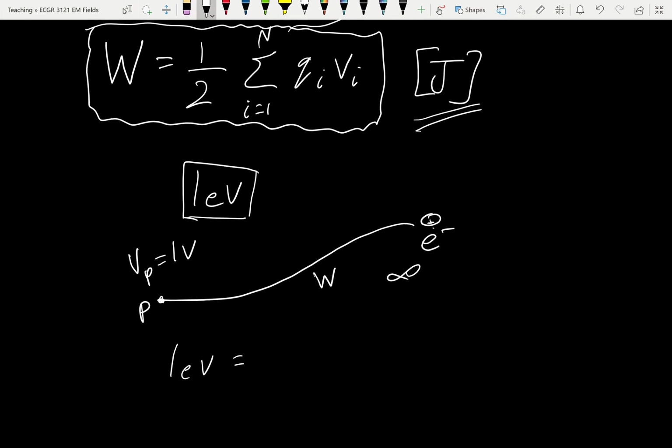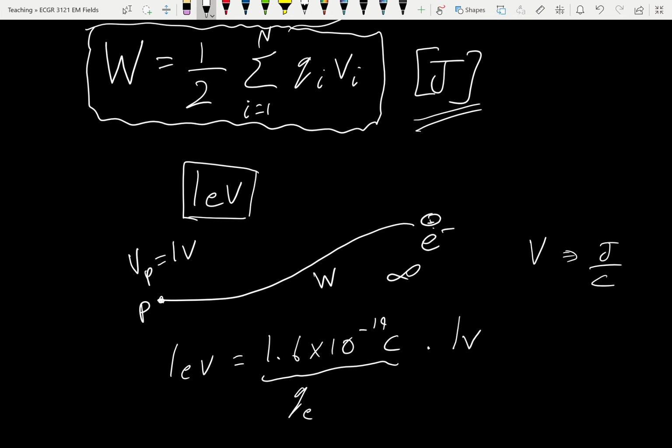We know that voltage is just energy over charge, so if I multiply voltage by charge, I get energy. So 1.6 times 10 to the minus 19 coulomb, that's the charge of the electron, Qe, times 1 volt. 1 volt is 1 joule per coulomb.